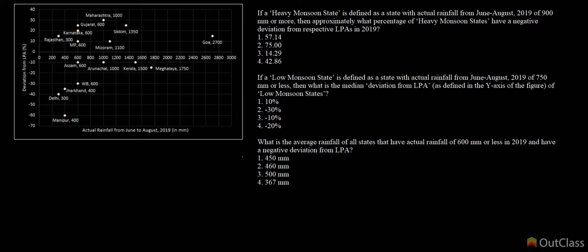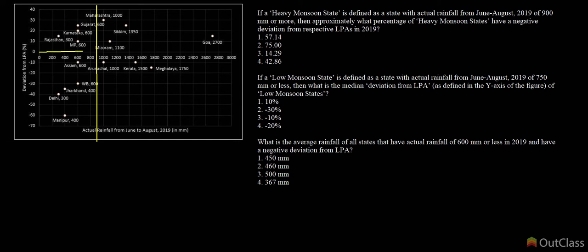The first one says a heavy monsoon state is defined as a state with actual rainfall of 900 mm or more, and that would be basically anything to the right of this line. 900 mm or more is to the right of this line. And they're asking approximately what percentage of these heavy monsoon states have a negative deviation from the LPA.